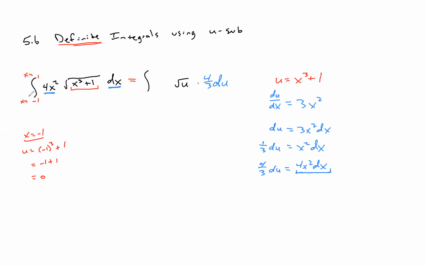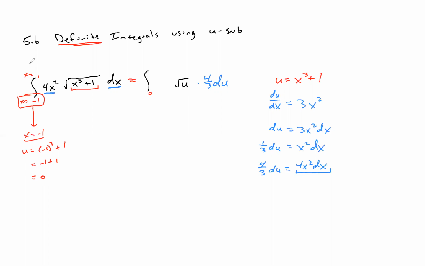All right, so for this lower bound, when x equals -1, our u actually equals 0. All right, so if I'm doing this integral with respect to u, then instead of a -1 down the bottom, my u value starts at 0, not at -1, it starts at 0.